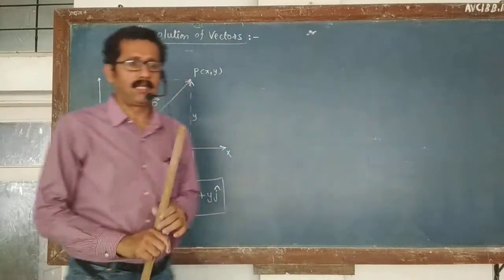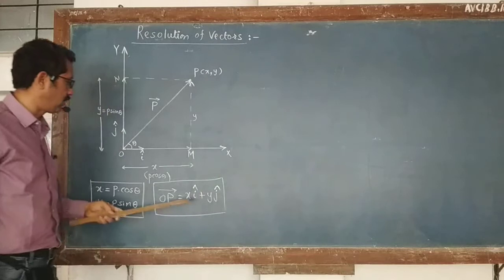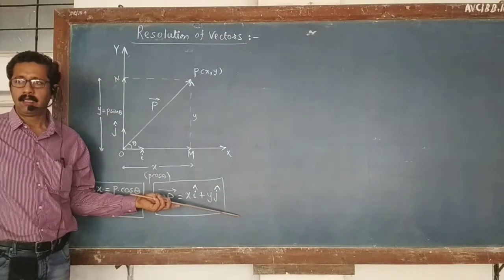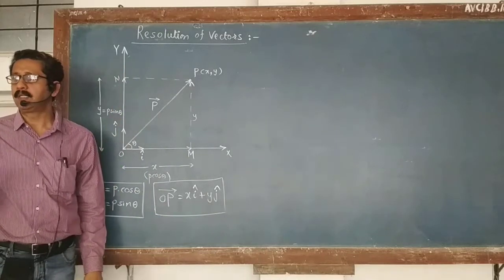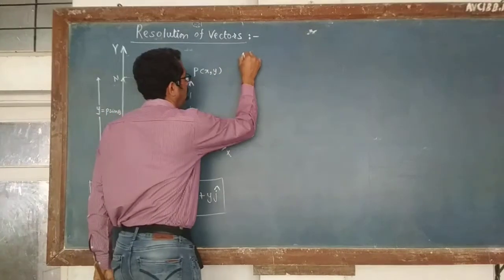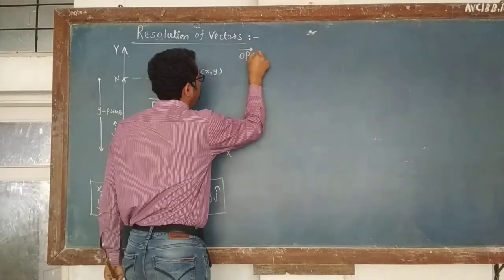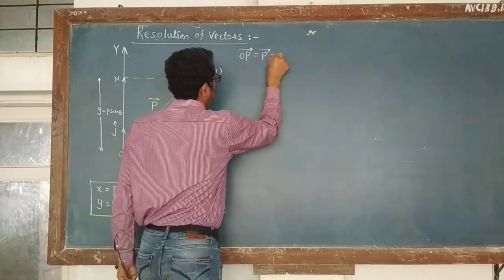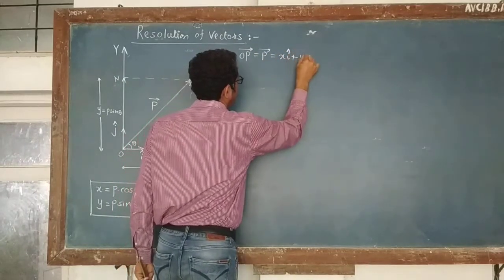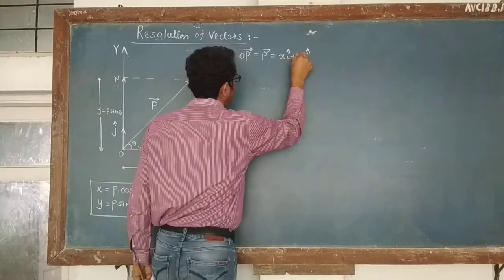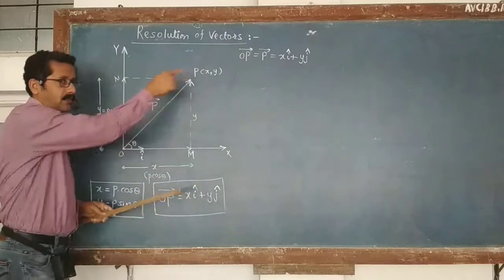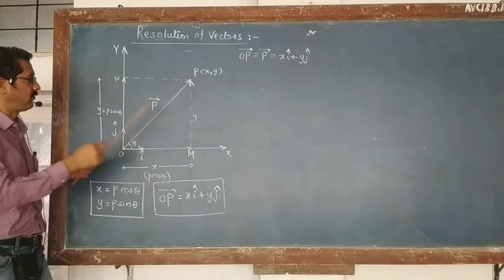Now what I mean to say in all these cases is that if I have my vector OP given by xi plus yj, I can first of all find the magnitude of vector OP. Finding the magnitude of a vector is always very simple. If I write vector P is equal to x i cap plus y j cap, then the magnitude is very simple to find.